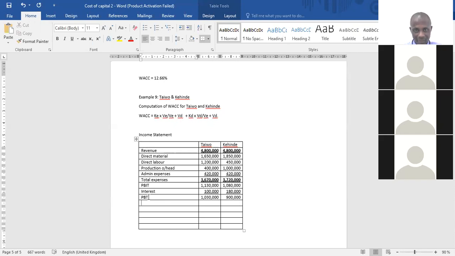Now we need to charge our tax. What is the tax rate? The tax rate as given in the question is 30%. So tax at 30% on 900,000 is 0.3 times 900,000, that's 270,000 for Kainde.